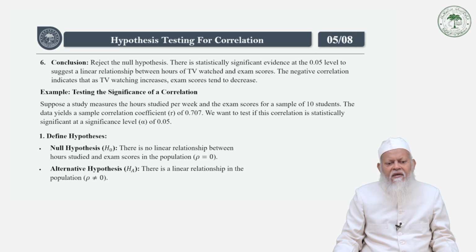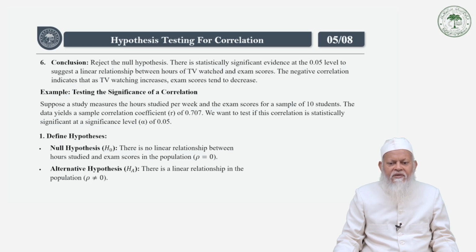Then we shall give another example for testing the significance of correlation. So here, suppose a study measures the hours studied per week and exam scores for a sample of 10 students. The data yields a sample correlation coefficient of 0.0707.